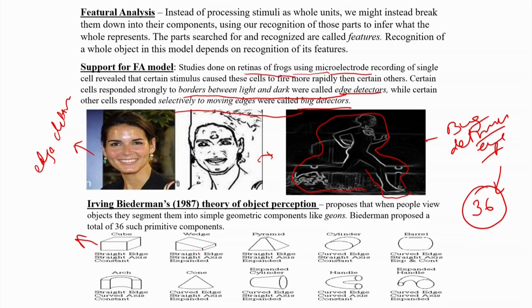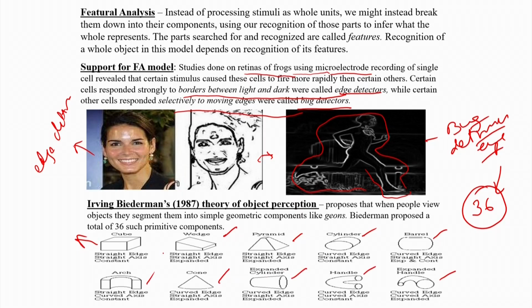Biederman says that any kind of interpretation or any kind of change in perception can occur by changing the arrangement of these geons. So, these are Biederman's geons. If you look into it, this is the shape of a cube, this is a wedge, pyramid, cylinder, barrel, expanded handle, cylinder, cone, arch.